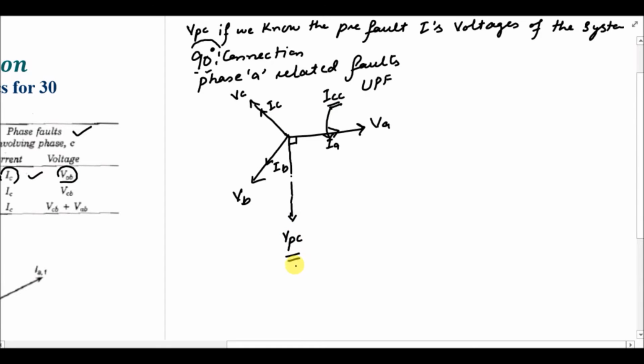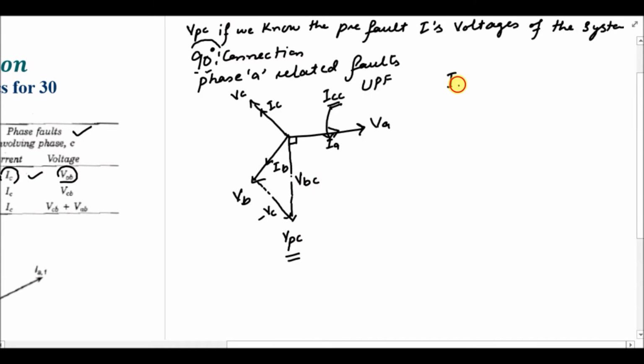So there is an angle of 90 degrees between ICC and VPC. So we just have to find this voltage VPC that has to be used for the input of the directional relay. And we know that from the phasor diagram, it can clearly be seen that VB minus VC is actually equal to VBC.